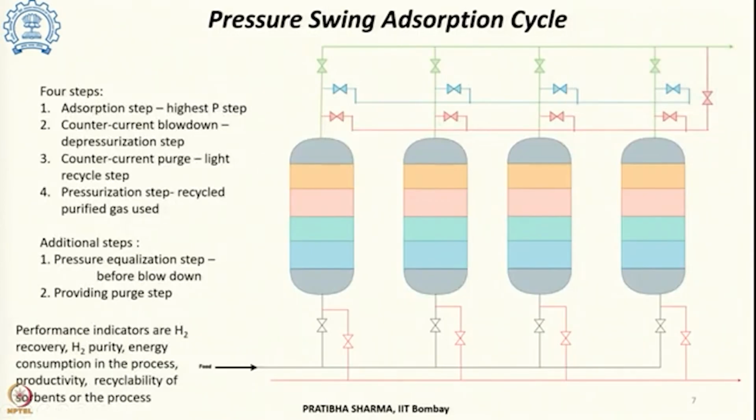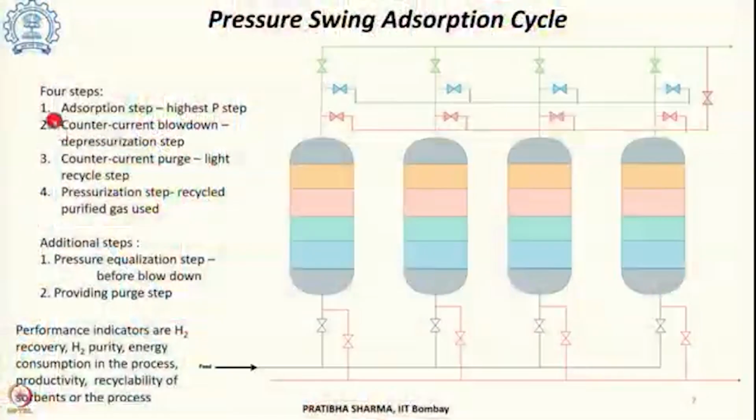Now, the conventional Skarstrom's 4-step cycle involves 4 beds, and there are 4 steps in the process of pressure swing adsorption. The first step is the adsorption step, in which the feed gas is fed at a higher pressure to the bed.